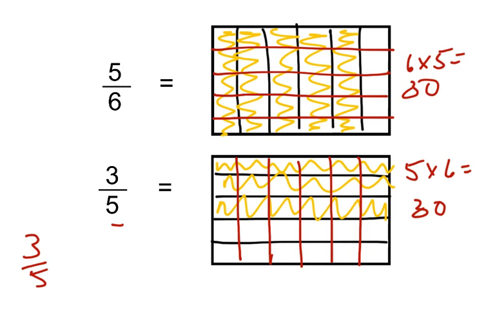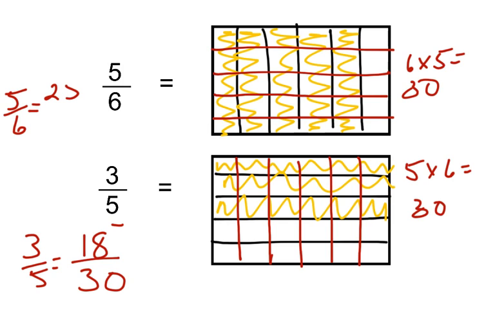So of course, 3/5, I can now count how many make up 3/5. So that would give me, out of 30, I can count all my shaded in, which across, of course, is 6, 12, and 18. And in my next example, 5/6, I have 25 out of 30.